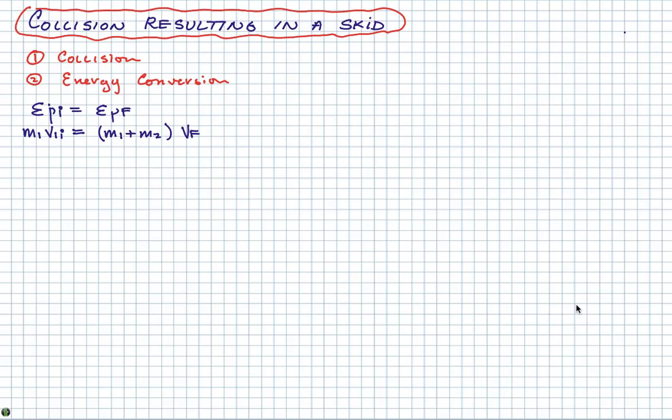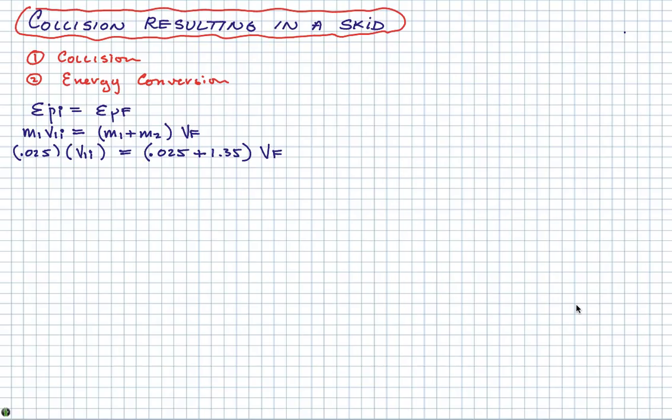So let's plug in the numbers. 0.025 kilograms for the arrow, and we don't know what its initial velocity is. That's what we want to find out. The combined mass would be 0.025 plus 1.35 for the block. And we don't know the final velocity of the system.